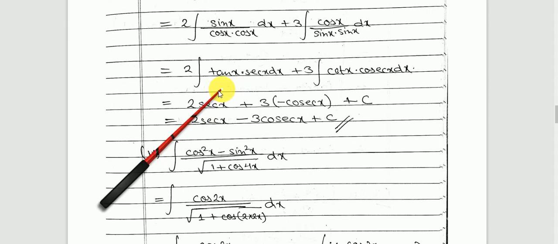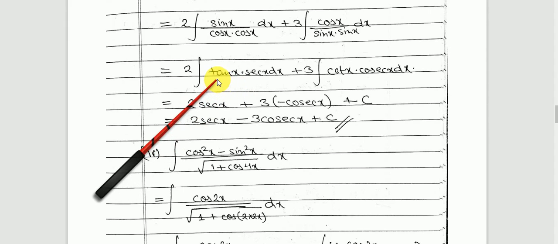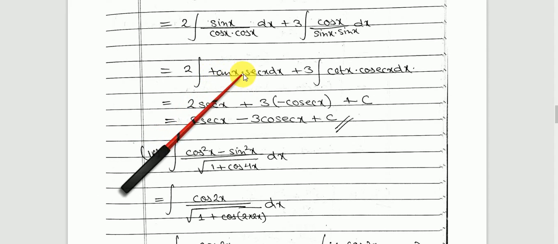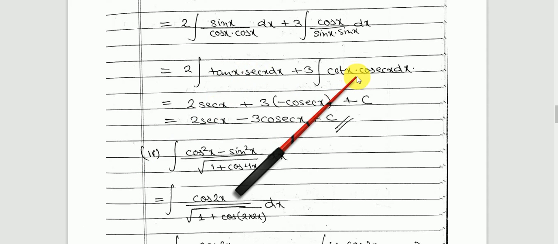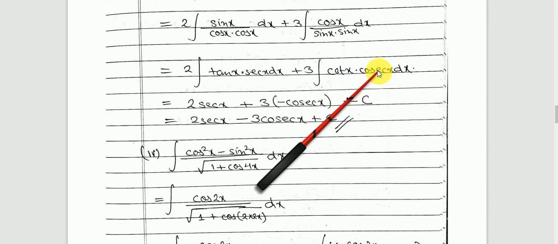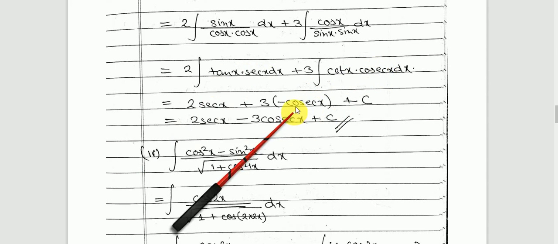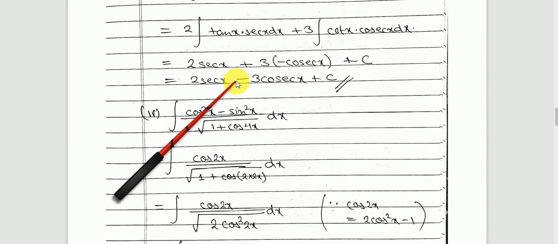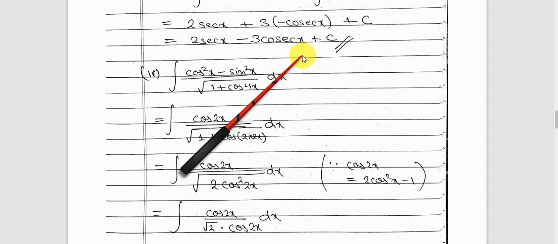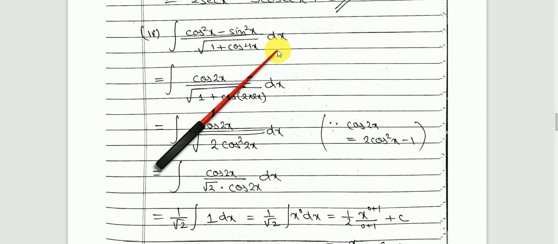Now if you see the formula list, you have the formula for tan x into sec x, which is sec x, and for cot x into cosec x, you have minus cosec x. So simply write the values and you get the answer.